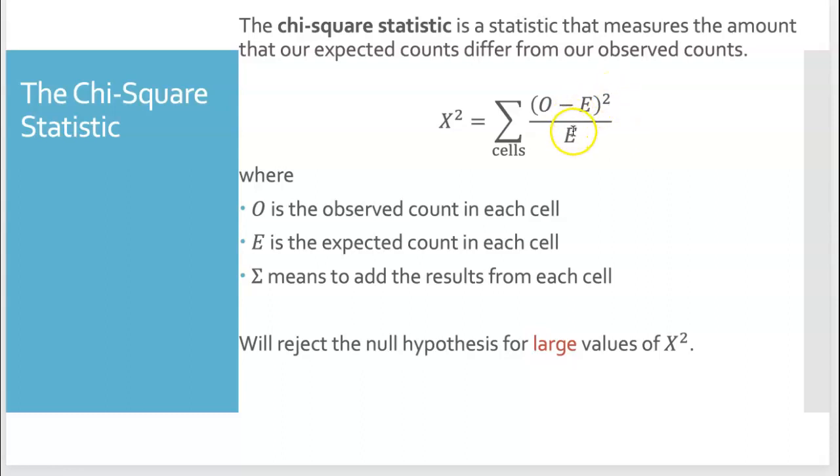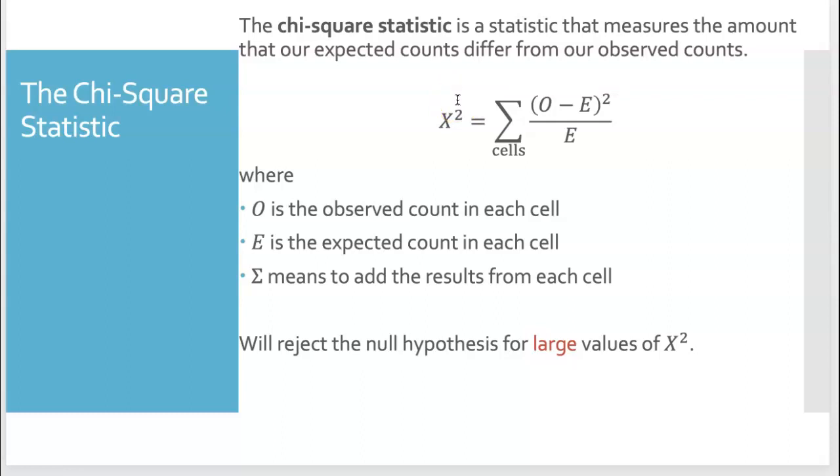And then here we're standardizing the squared difference by dividing by the expected count. Because this is the expected number of outcomes, it is always positive, and the numerator is always positive, so this chi-square test statistic is always going to be greater than 0, right?